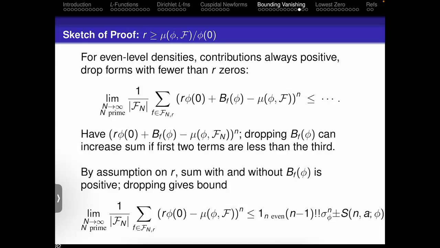I can throw those away and restrict myself to terms with at least R zeros at the central point. Because I'm assuming R times phi of 0 is greater than the mean, I can drop the mean term, and I'm not in a situation where, if I had that number, I might have made it larger because it's a negative number. You have to be careful of this: -1 is larger than -2, even though 2 is larger than 1.